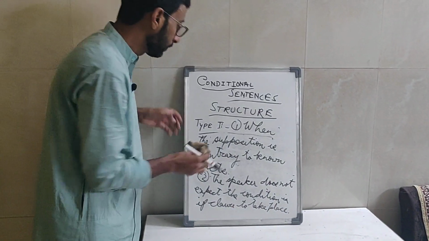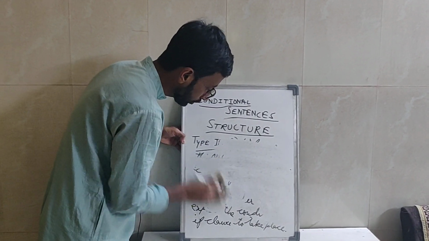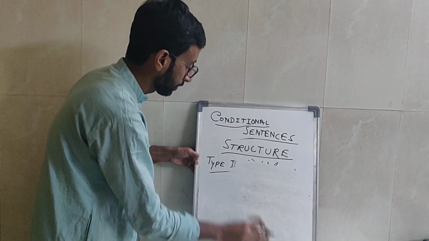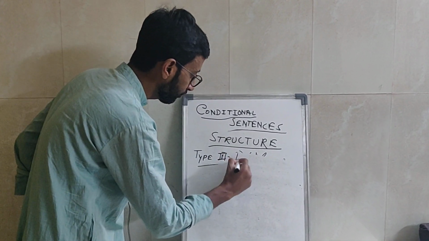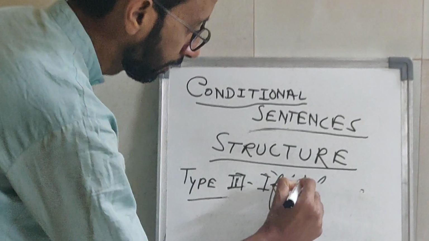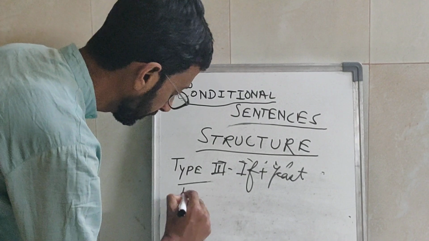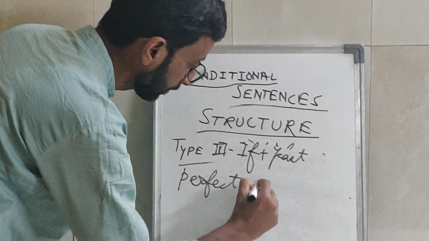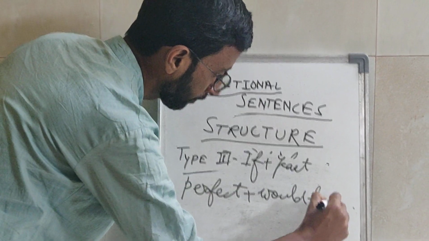Now we move on to conditional sentence type third. It is used for those conditions which are impossible in nature, and its structure is if plus past perfect plus would have.